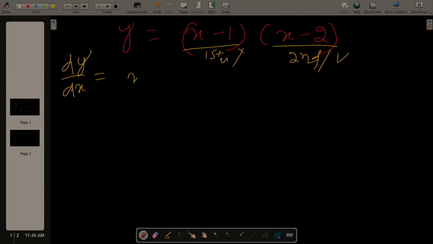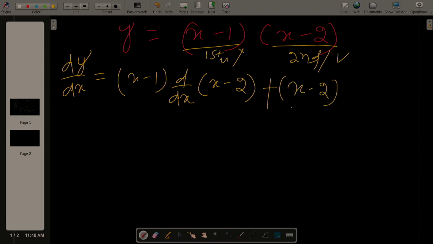That means first into derivative of second, that is x minus 2, plus. The plus symbol is very important. Plus second, which is x minus 2, into derivative of first, that is x minus 1. This is the formula.